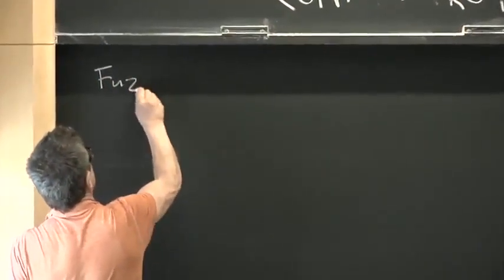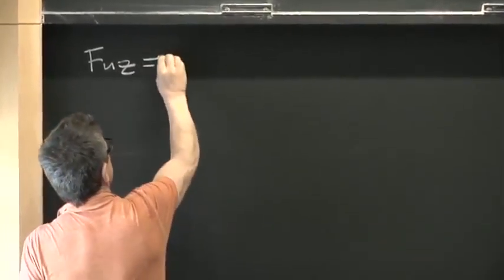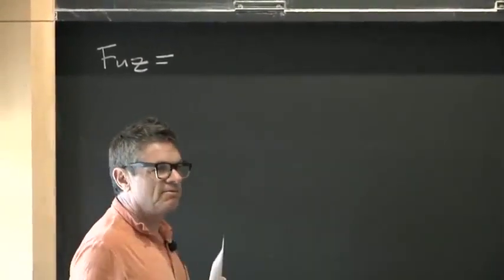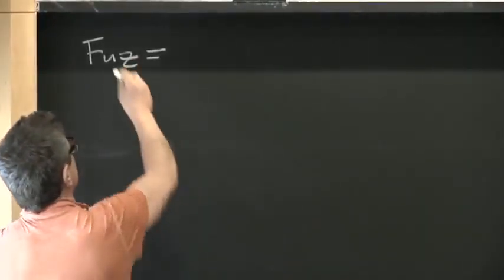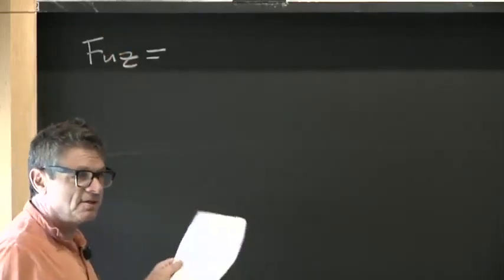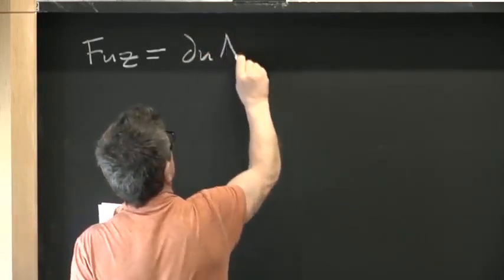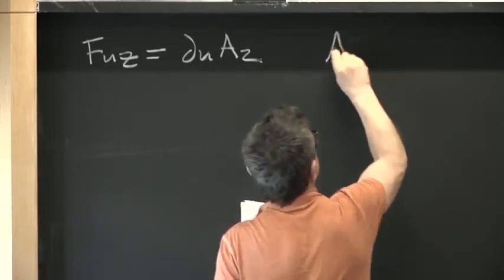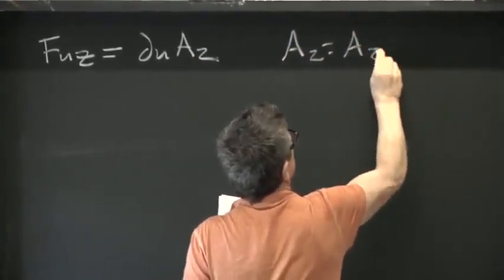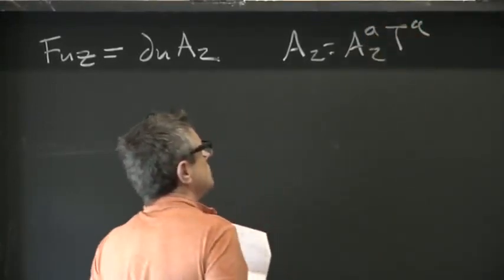So we also looked at the asymptotic behavior of the fields, and we saw that F_uz, the non-abelian field strength, had a leading term. We got too lazy to write the zero index here because there's too many indices floating around, so I'm just dropping it, is equal to ∂_u A_z, where again A_z is equal to A_z^A T_A, where this would be the generator in the adjoint.